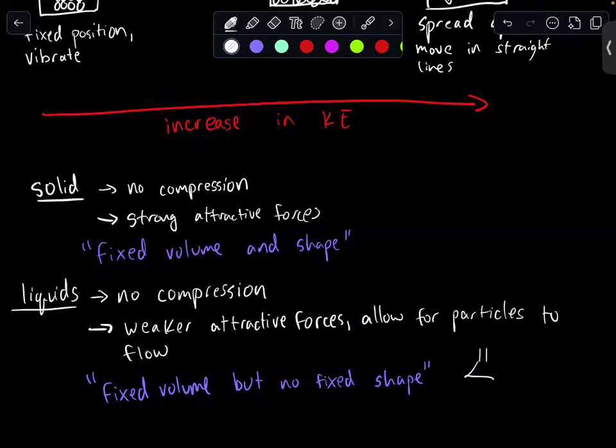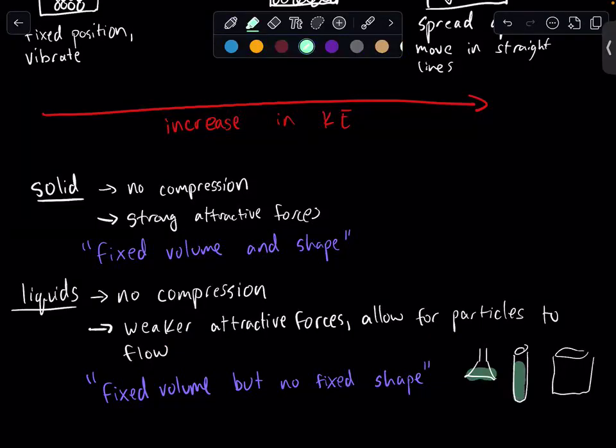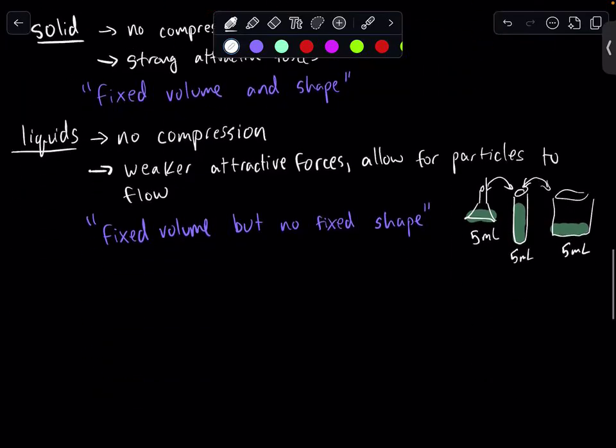So if I have, let's say, an Erlenmeyer flask, a long test tube, or a beaker, and I have the same volume of water, it doesn't really matter what the shape of the container is. It will always fill the same amount. Whether we pour it from one to the other, it really doesn't matter the shape of the container. Let's say we had 5 milliliters, it would always be 5 milliliters on each of these. It wouldn't change one way or another because the volume is the same.